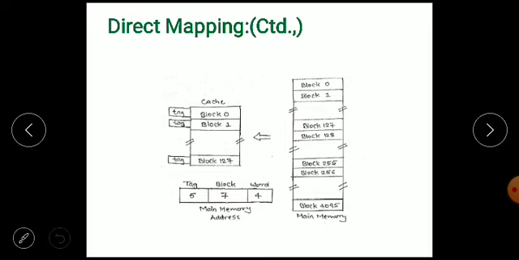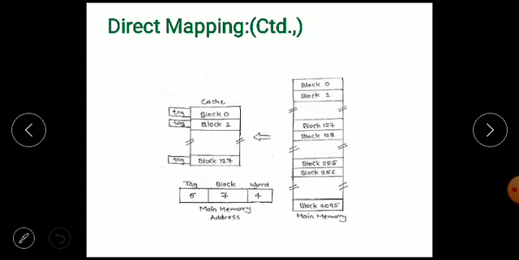So in direct mapping, the main memory is divided into 32 pages, and each page will contain 128 blocks. So totally 4096 blocks will be there. And the rule here is the first block of every page should be mapped into the first block of the cache memory, and the second block of every page should be mapped into the second block of cache memory.